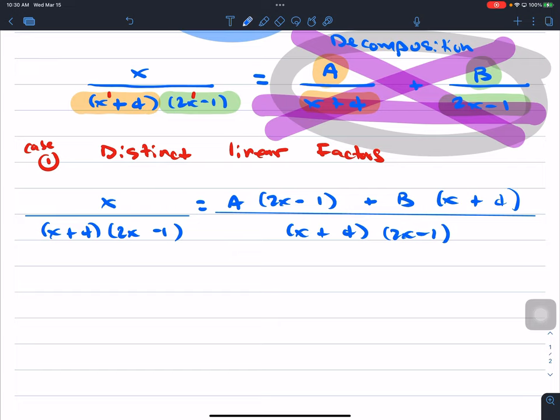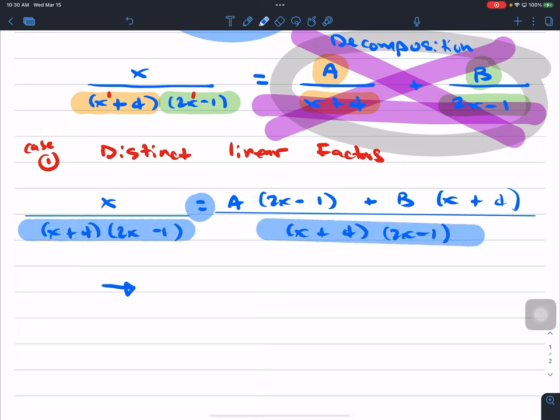So what piece of logic do you guys use now? Do you guys notice? You have the same denominators. What does that force you to conclude then? If you have equal fractions here with the same denominators, what does that mean about your numerators? Do you guys know? Here are the two numerators. You know what this means? They have to be equal.